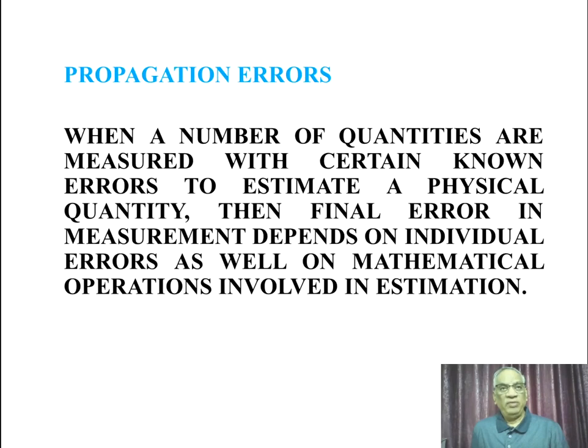Suppose v is equal to u plus at. To arrive at the final velocity v, what is the error involved in the measurement of u, what is the error involved in the acceleration measurement, and what is the error involved in the time measurement. All three should be taken, and the proper mathematical operations involved in this estimation are also to be taken into account to arrive at the propagation of errors.